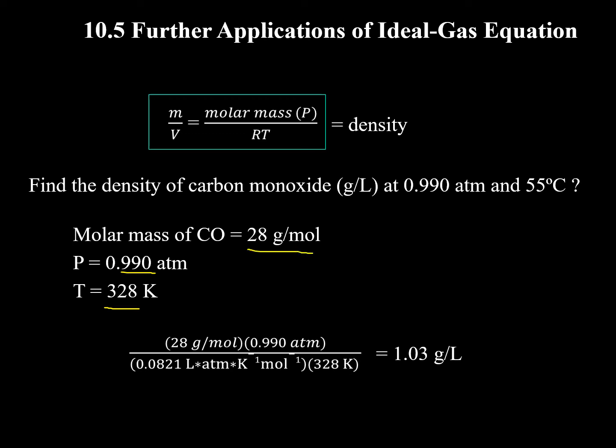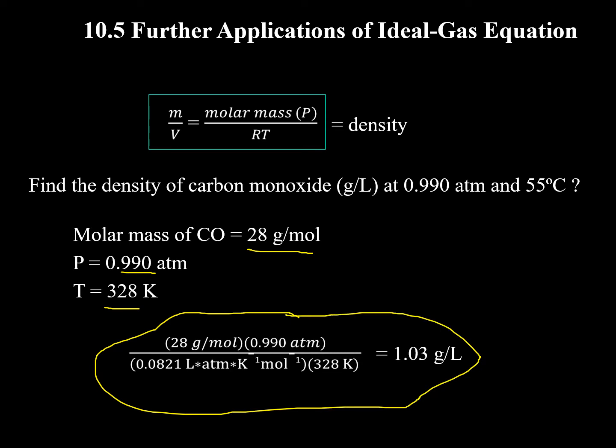We have to use the periodic table for that. Then we can plug in all those values to find the density, which we've done here, and we get 1.03 grams per liter. In terms of units, the ATMs will cancel, the moles will cancel, the temperature will cancel, and you're left with grams per liter.